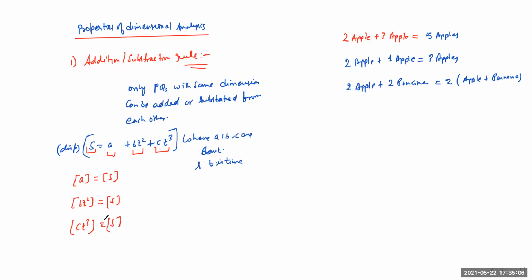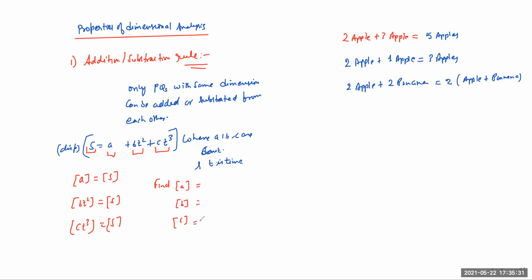So we can only add or subtract which are having same dimension, and because we are equating with s, the dimension of LHS and the RHS must be same. So it should be same for individual and same for all also. So what they will ask you is, find dimension of A, B, C. Can you guys tell me the answer quickly?